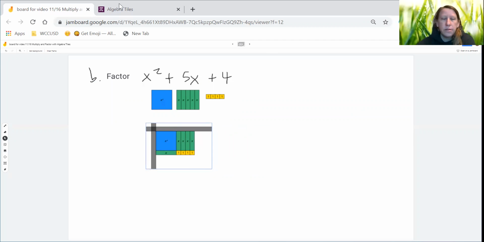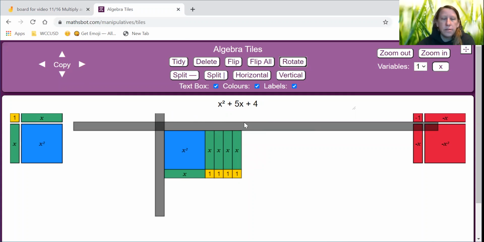Okay, now I need to figure out the answer. And the answer is going to be what 2 things multiply together to give me this as the area. So I'm going to grab x and 1. That fits perfectly along the outside of that rectangle. This is how long this is. It's x plus 1 long. And then along the top, we have x plus 3. Oops, not 3.